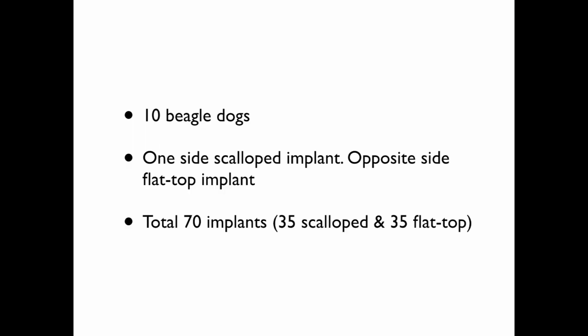Ten beagle dogs were chosen for a split mouth study design. On one side, experimental scalloped implants were placed, and flat top conventional external hex implants were placed on the opposite side. A total of 70 implants were placed, 35 each for scalloped implants and flat top external hex implants.